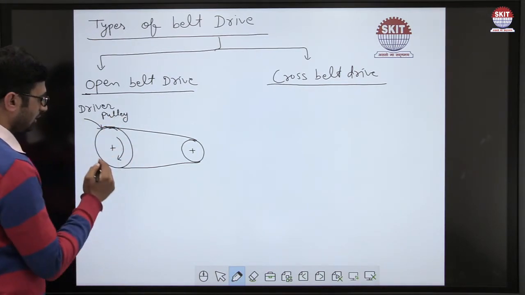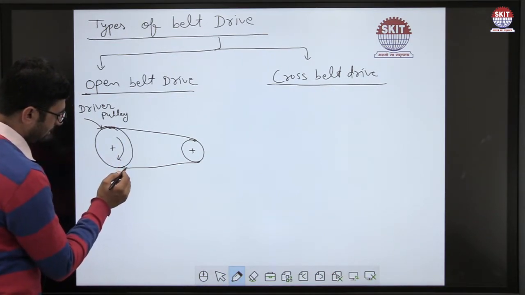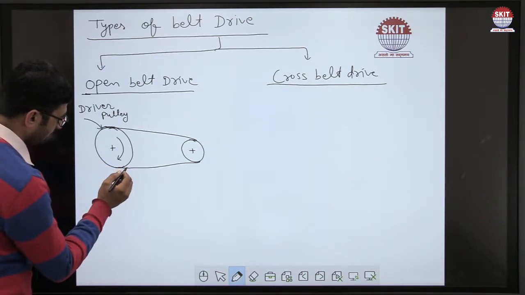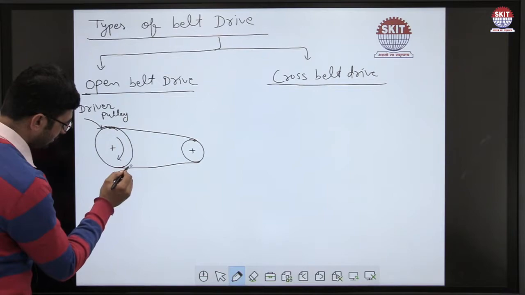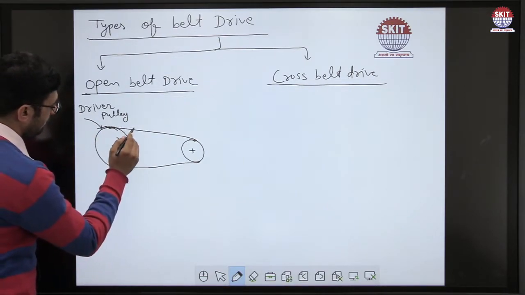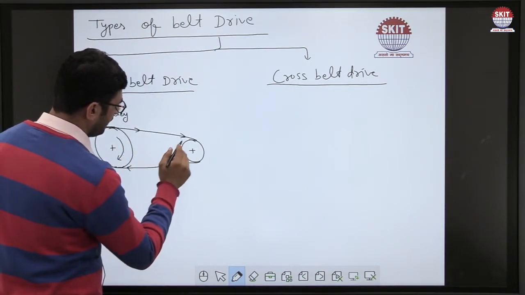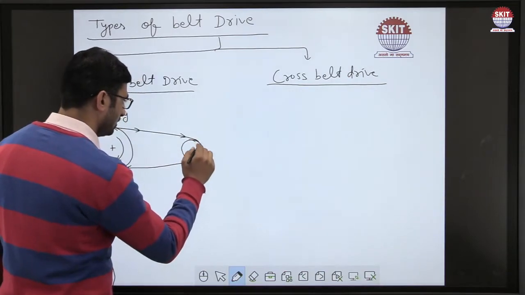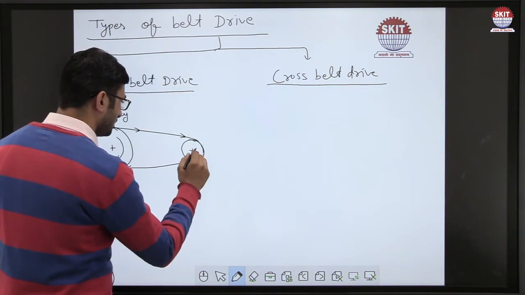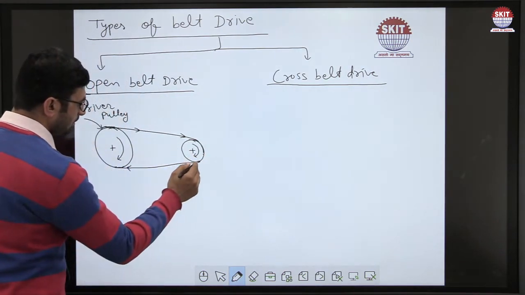When the pulley starts to rotate, the belt in contact with the pulley surface also moves in this direction, and this belt rotates the smaller pulley also in that direction.